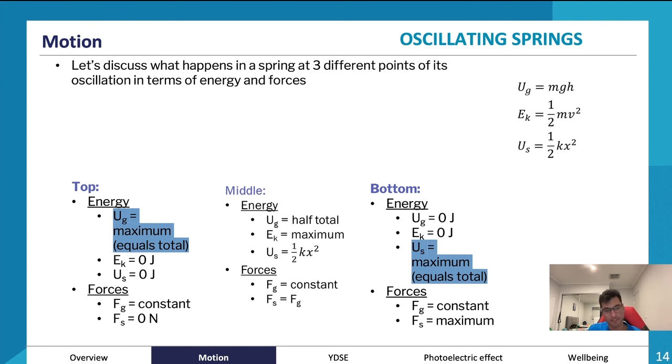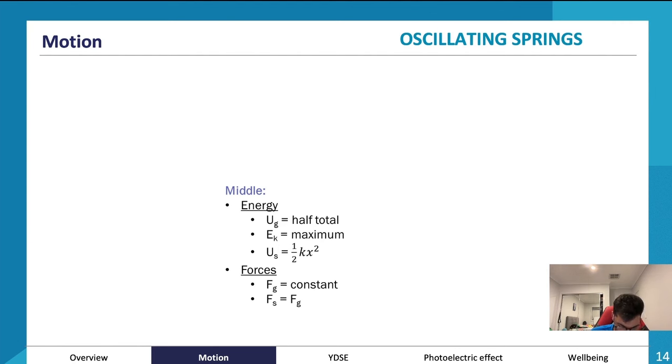So you may have seen some table like this or something similar to this. When we have a spring, so let's say this is our spring, let's say this is our mass.